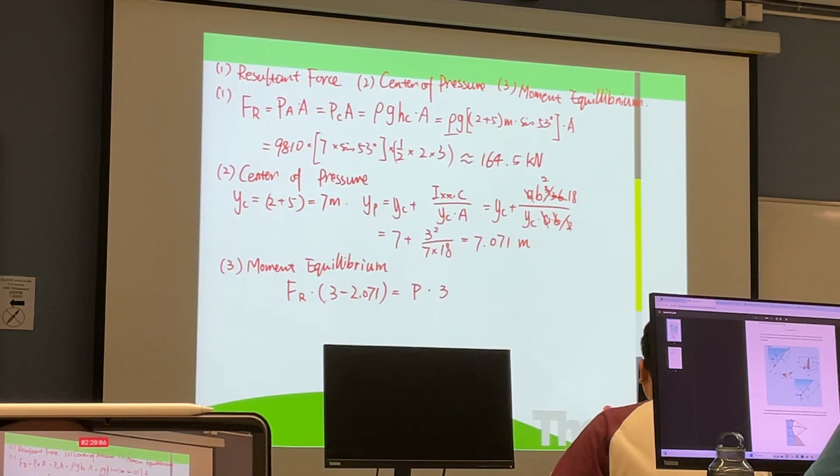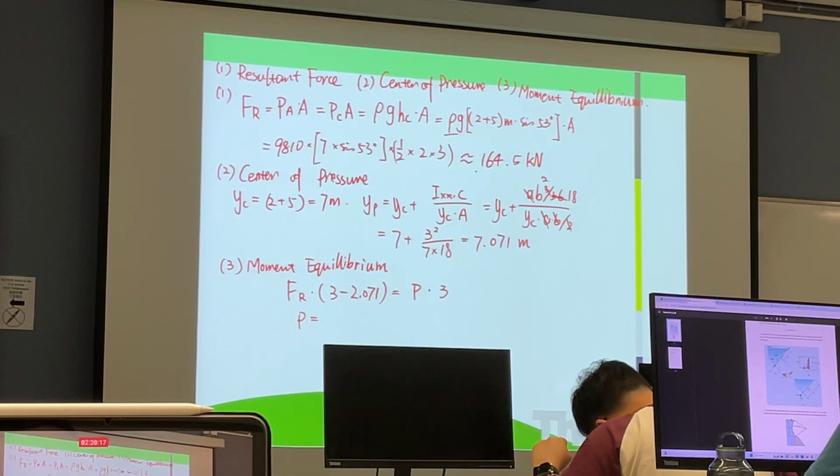So P is calculated from F, which is 164.5 kilonewton.